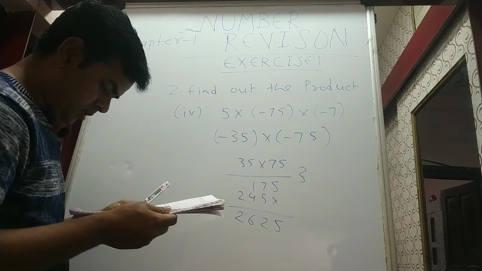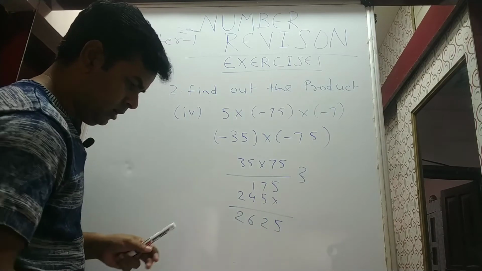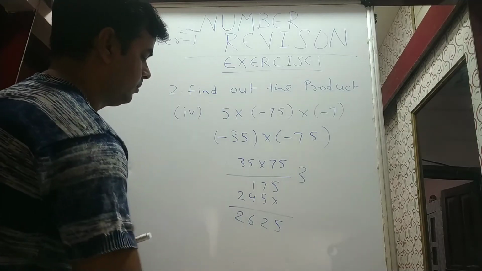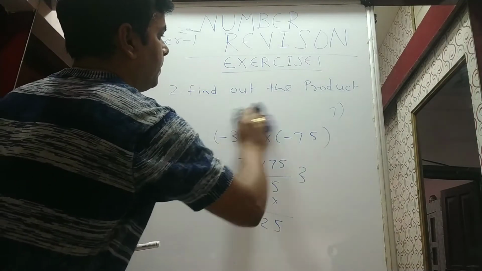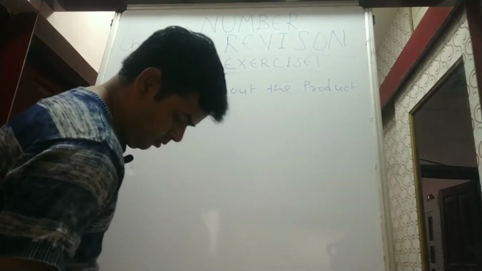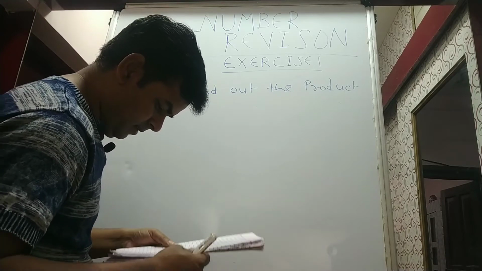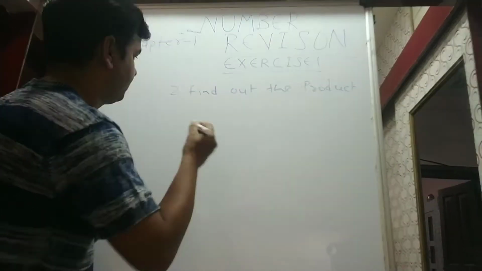Let us move on to the next question. This is minus 30 into minus 25 into 8.